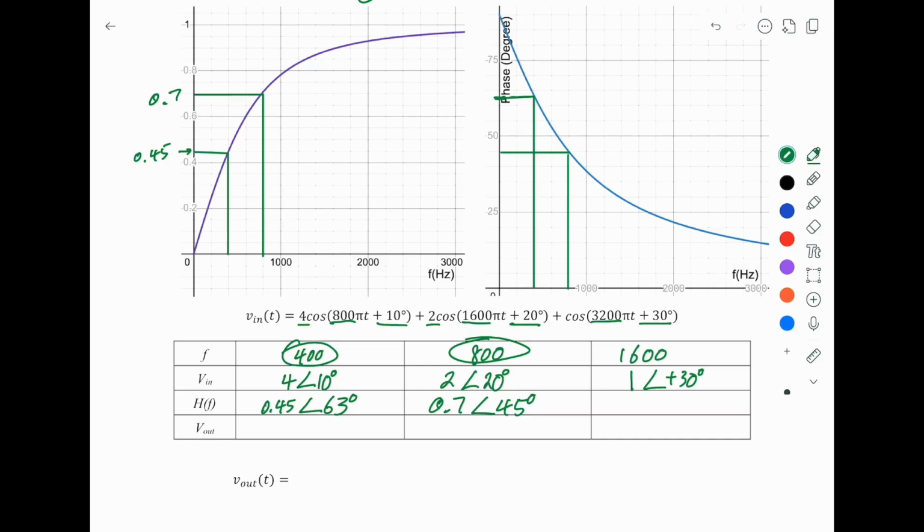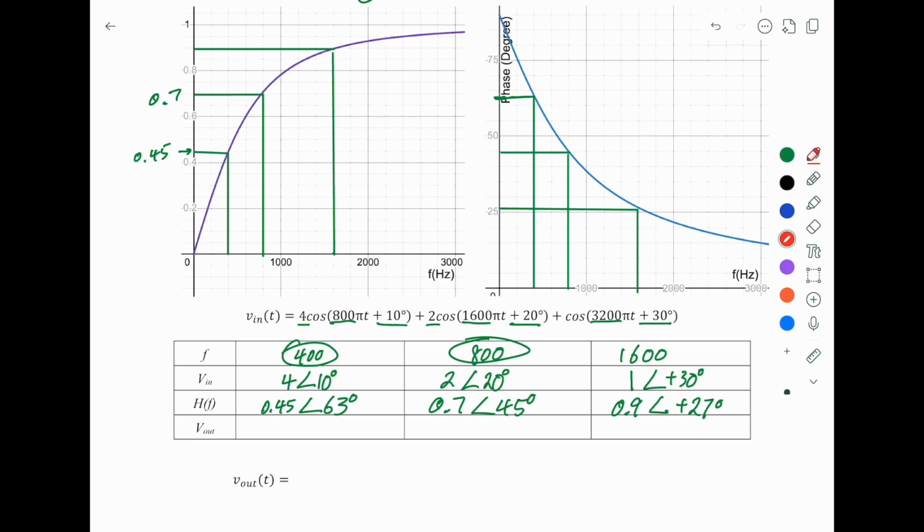For 1600 Hertz, the amplitude of the transfer function is 0.9, and for this one here, I would say about positive 27 degrees.